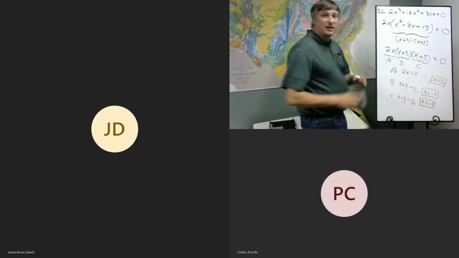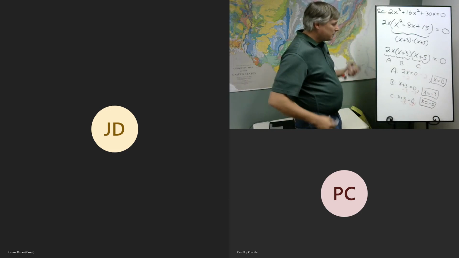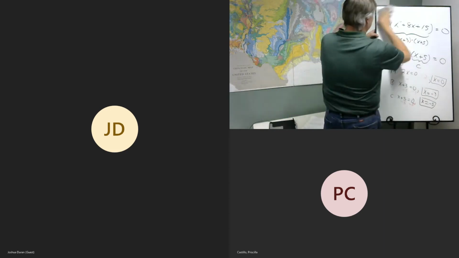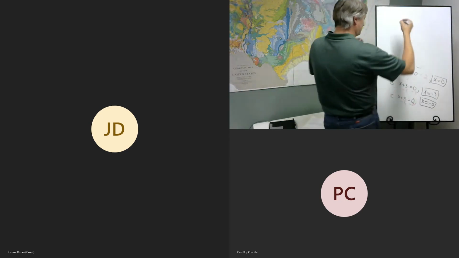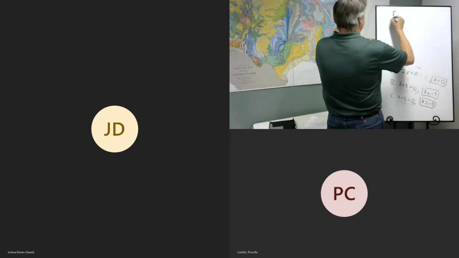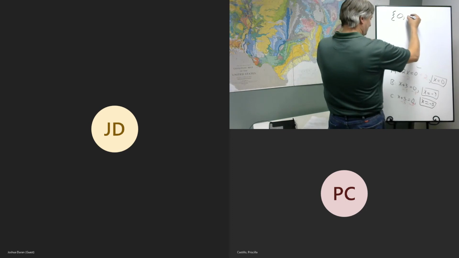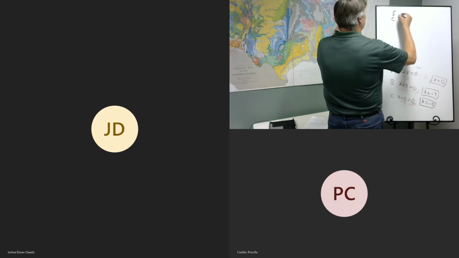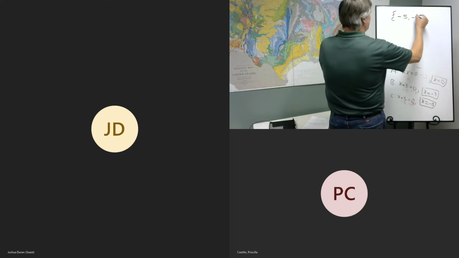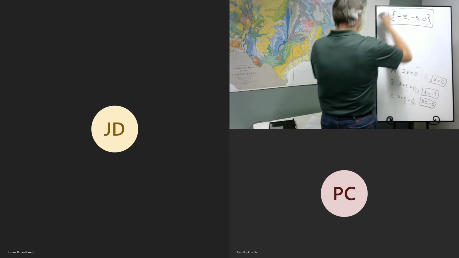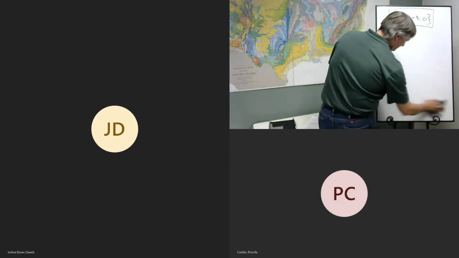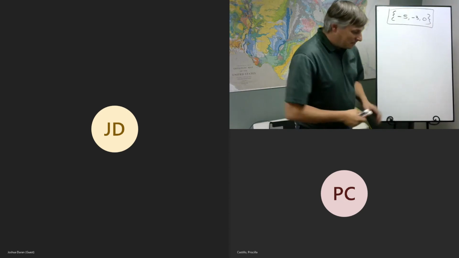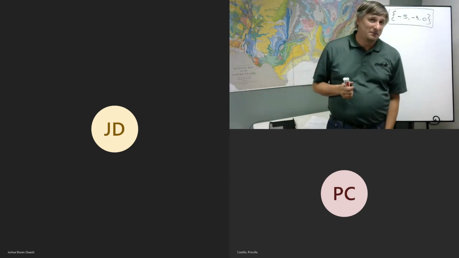And we have x equals negative 5. So we have 3 answers for this one. Oh, we should probably go like this. Negative 5, negative 3, and 0.